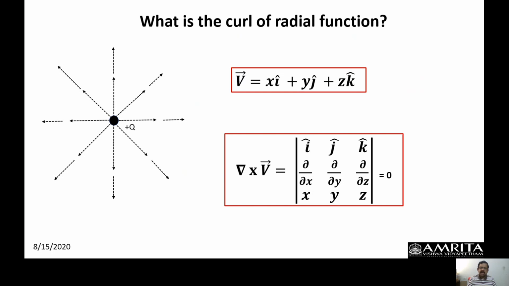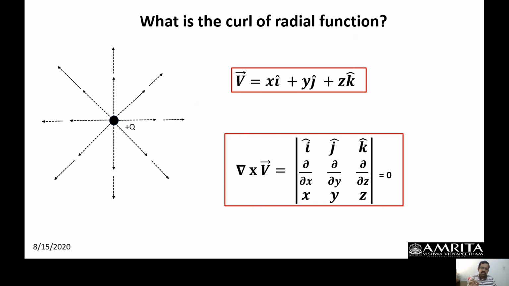For that, the curl must vanish. If I want to prove that a given vector function is irrotational, all I need to do is take the cross product and prove that there is no curl.